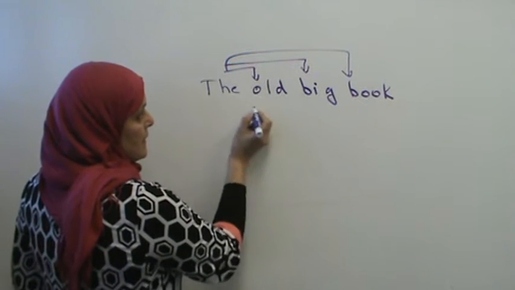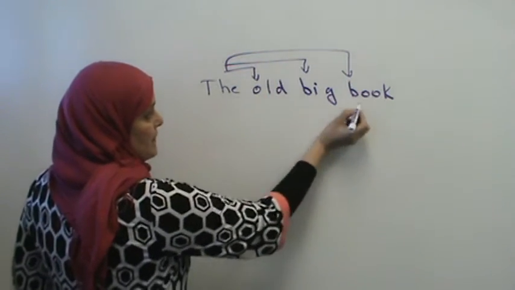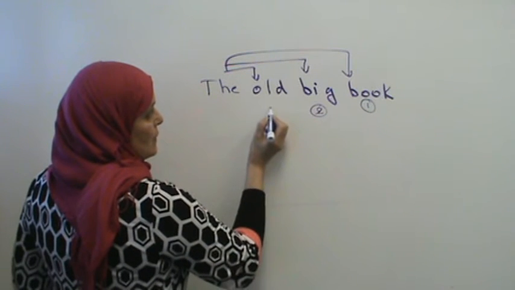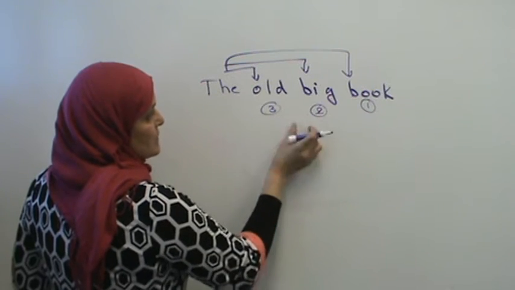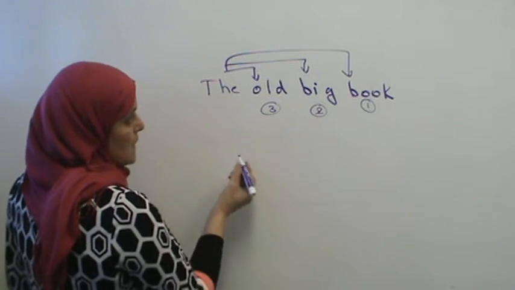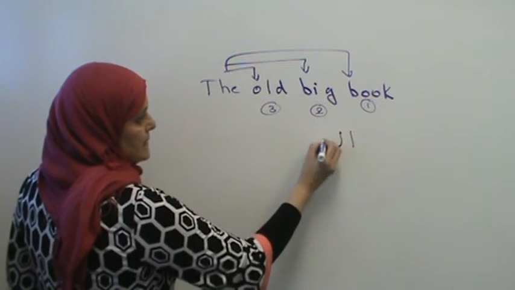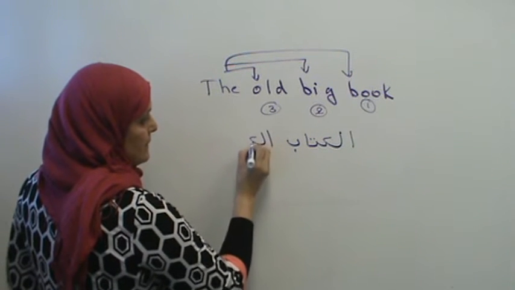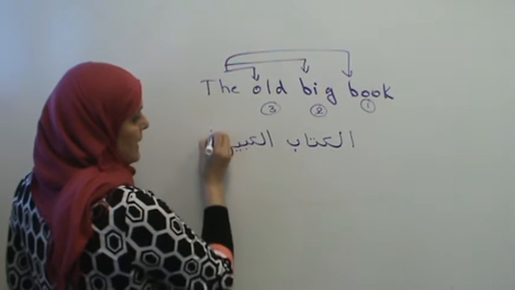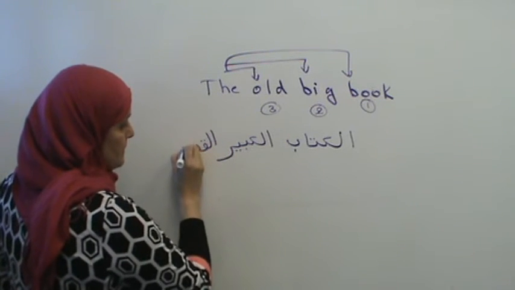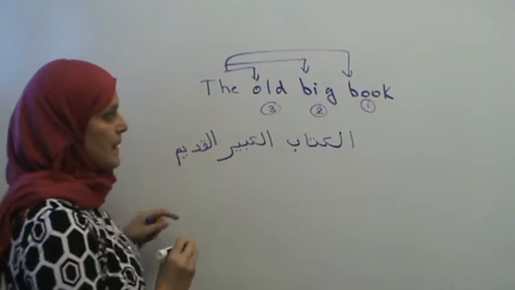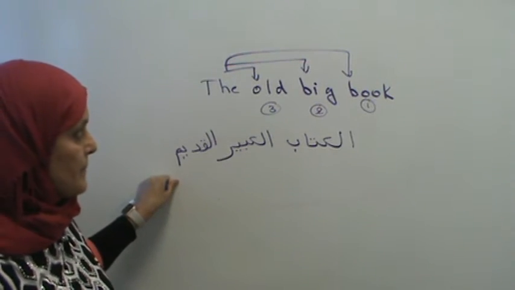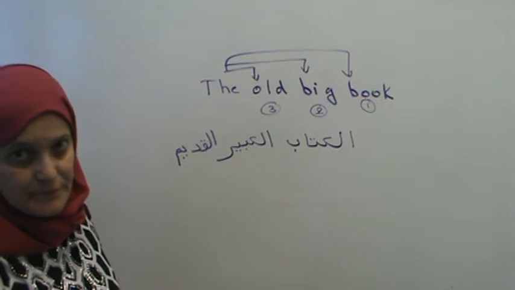And of course, the order is: this is 1 book, 2, 3. I can't switch between 2 and 3. So I'm gonna put الكتاب الكبير القديم. الكتاب الكبير القديم. Because there is no is.